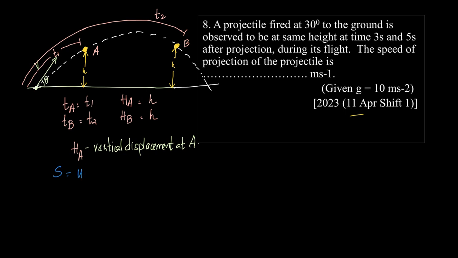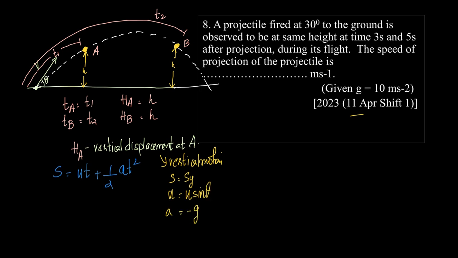We have S is equal to ut plus half at square, right? Now for the vertical motion, S is equal to Sy, the displacement in the vertical direction, u is equal to u sine theta, and a is equal to minus g.